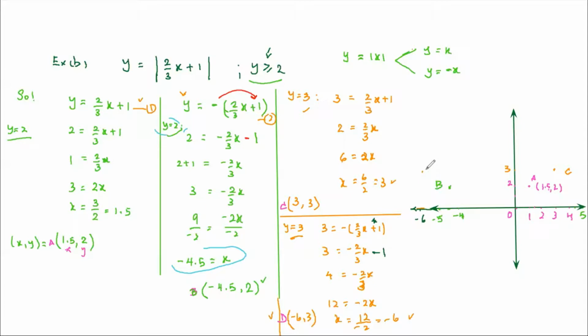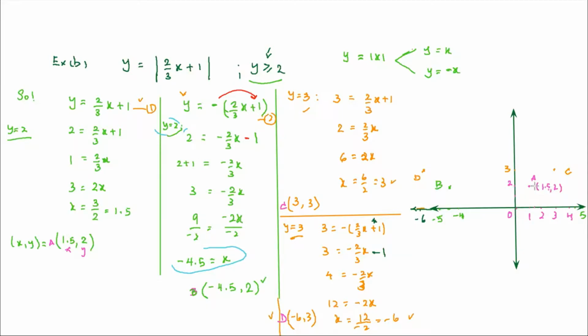Okay. So we have this one approximate. This is D. Point D.